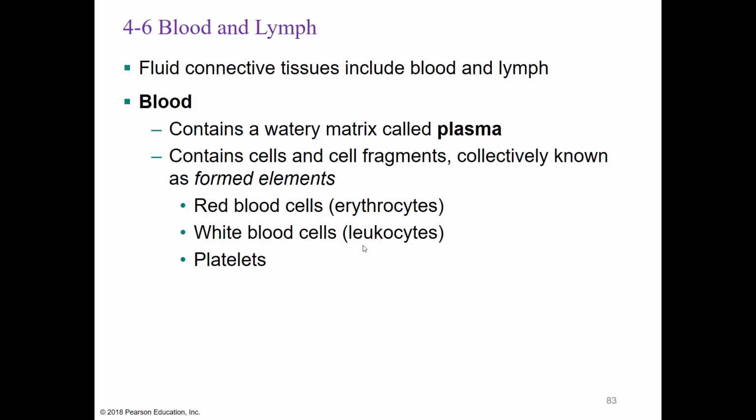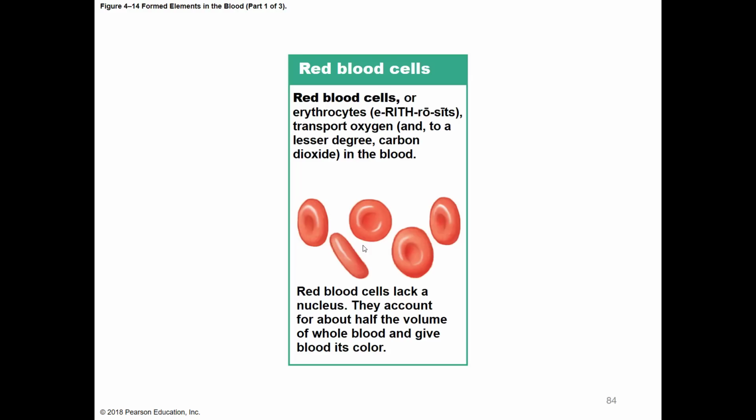White blood cells help to fight infection, and platelets are used for clotting. So here are red blood cells, and again they're called erythrocytes, and they make up about half the volume of blood, and they are what gives blood its red color.